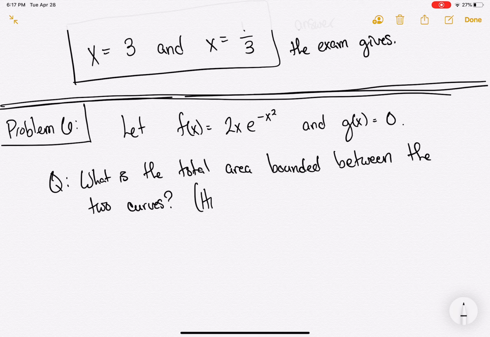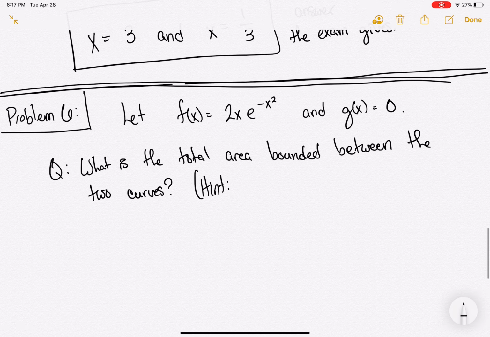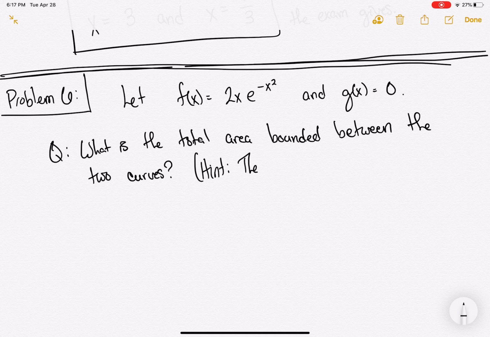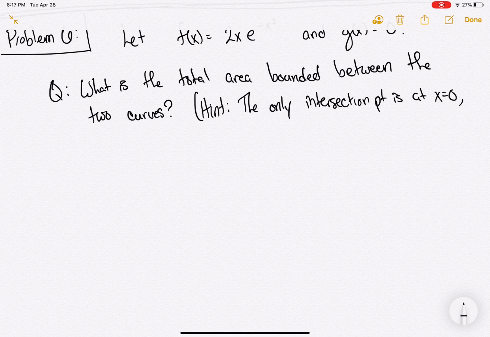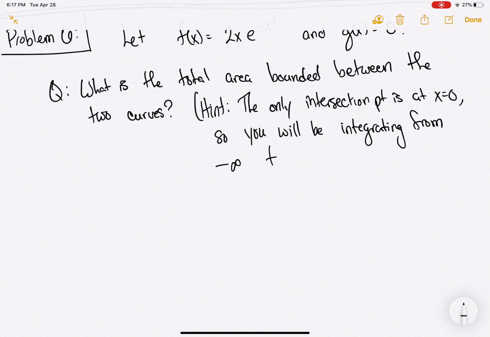And I give you a hint here. Hint: the only intersection point is at x equals 0. So you will be integrating from minus infinity to plus infinity.